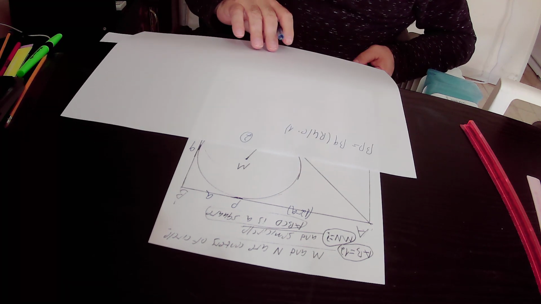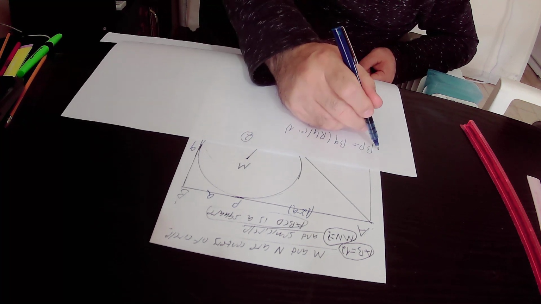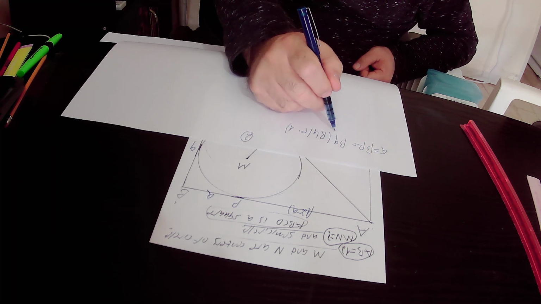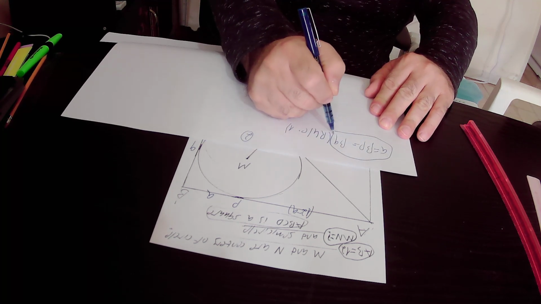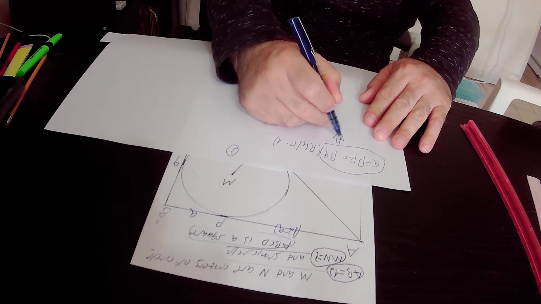But according to our definition, PB or BP equals A. So from this equation, BP equals A, we will derive that BQ also equals A.